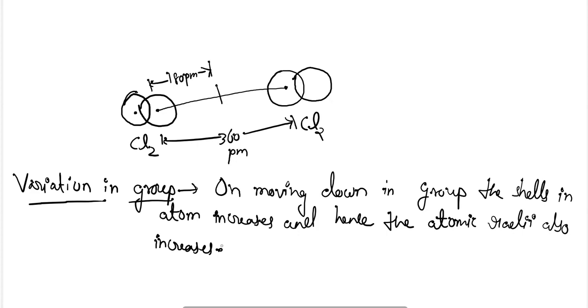Due to the increase in the number of shells, the atomic radii increase down the group. Next, we are going to talk about the ionic radii.